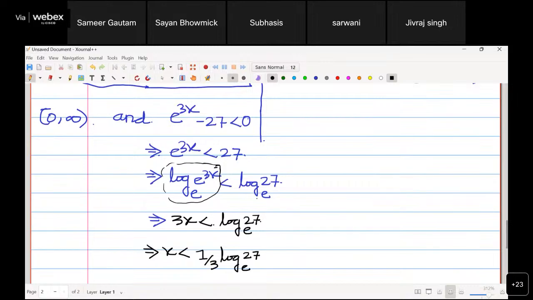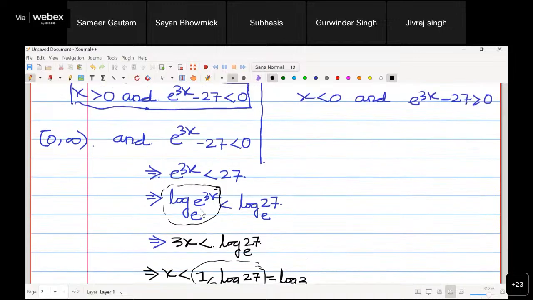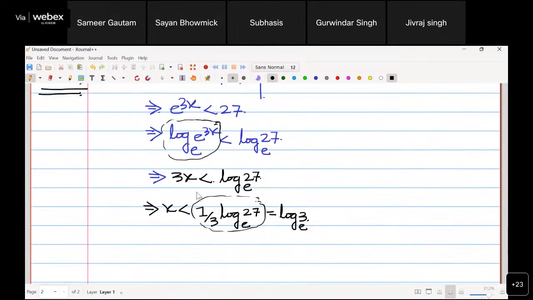Can you tell me what will be the value of this thing? ln 3. Correct, log e base 3. So I want all such x for which this condition as well as this condition hold.